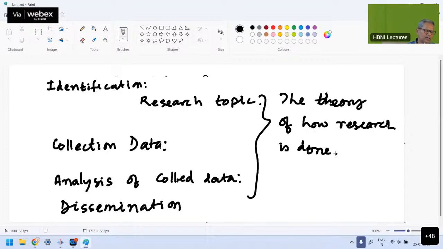Research is defined as the creation of new knowledge or use of existing knowledge in a new and creative way. So either you create new knowledge or use existing knowledge in a new and creative way so as to generate new concepts, methodologies, and understanding to find a solution for a problem.